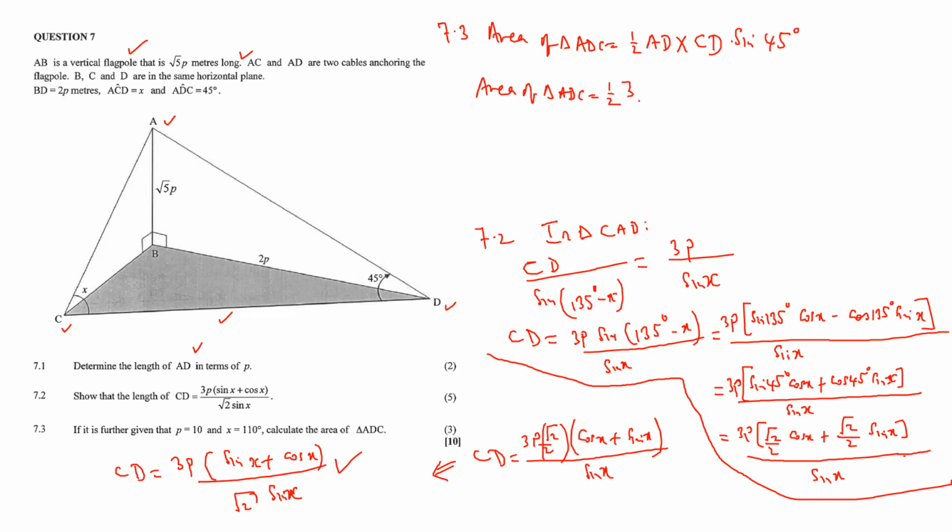AD, we got in the previous question to be 3P in 7.1. And now we also have CD, which we just got, since we were asked to prove that. So it is 3P into the sine of X plus cosine X, divided by the square root of 2 sine X.